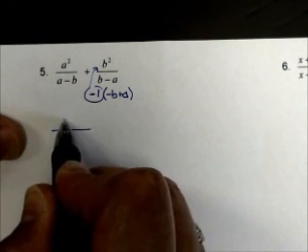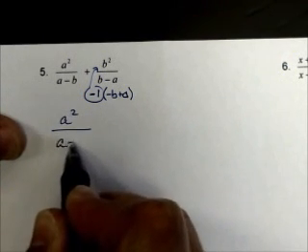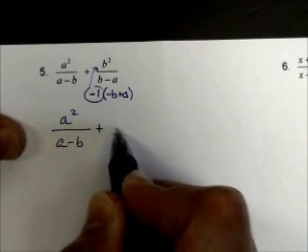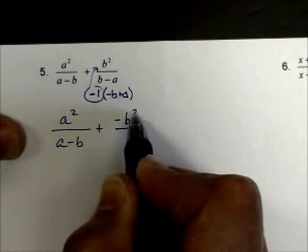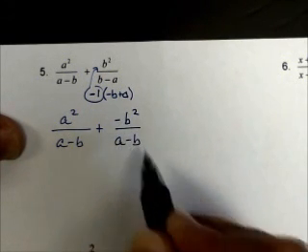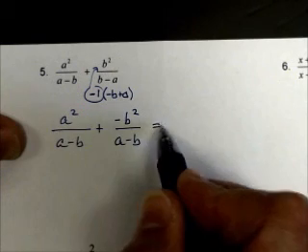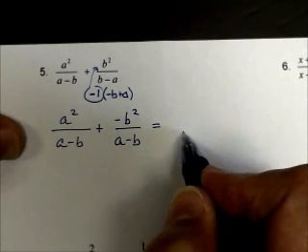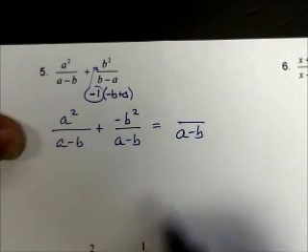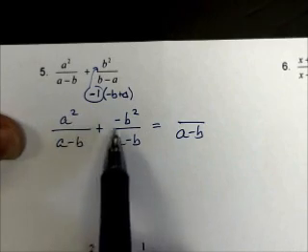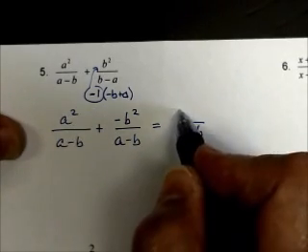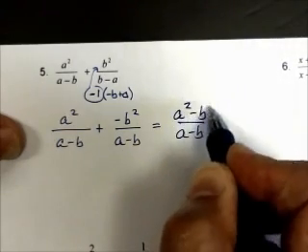So I have a squared over a minus b plus negative b squared over a minus b. Same denominators. Copy the denominator. Now a squared plus negative b squared is simply going to be a squared minus b squared.